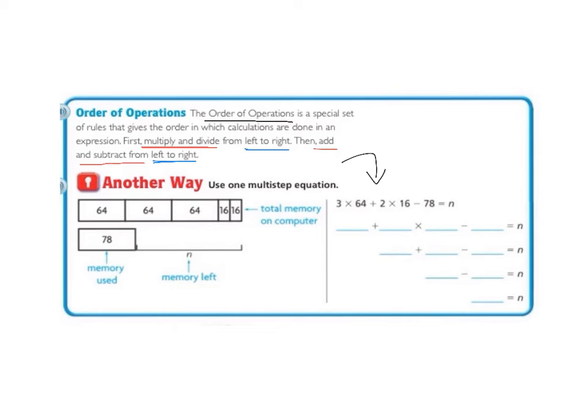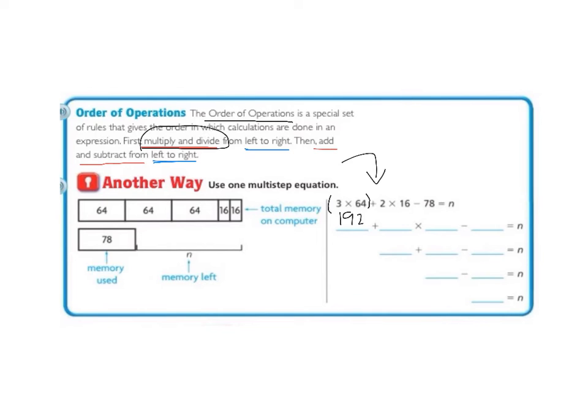This time, we're going to look at a model of how to do this. If I have 64 and 64 and 64, then what I'm doing is multiplying 3 times 64 because multiplying comes first. So 3 times 64 is 192. We know that because we did it on the page before.